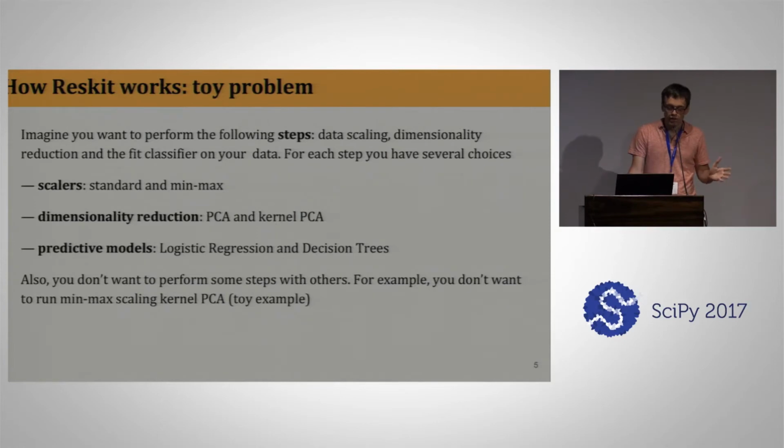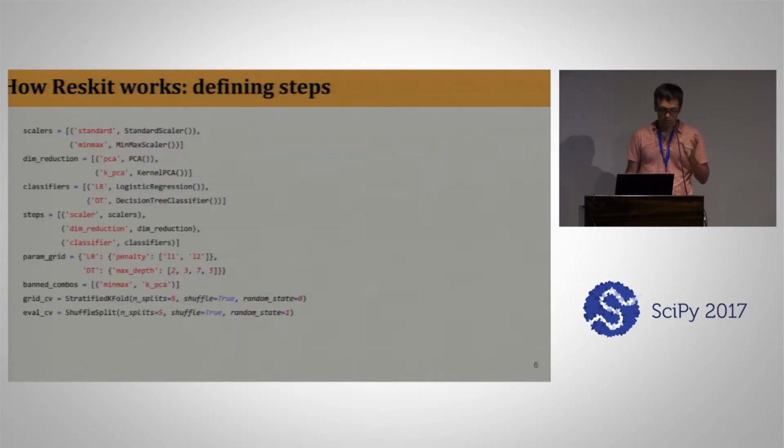For dimensionality reduction, you are doing PCA and kernel PCA, and for predictive modeling, you are doing logistic regression and decision trees. Also, and this is a toy example, you don't want to perform some steps with others. For example, in this case, you don't want to run min-max scaling with the kernel PCA.